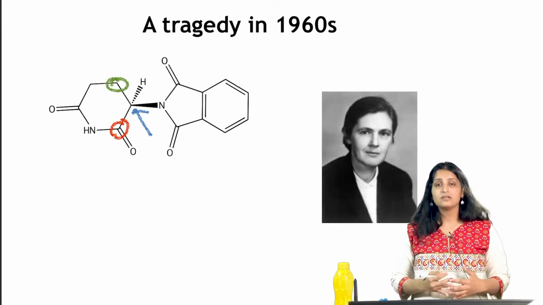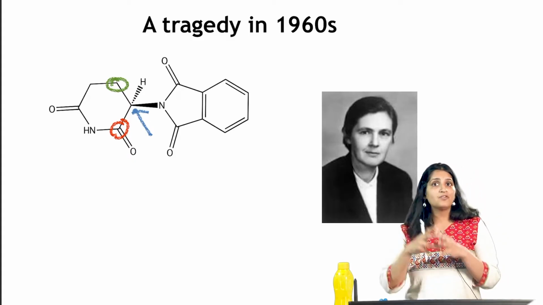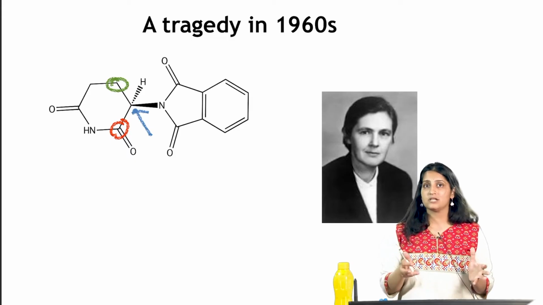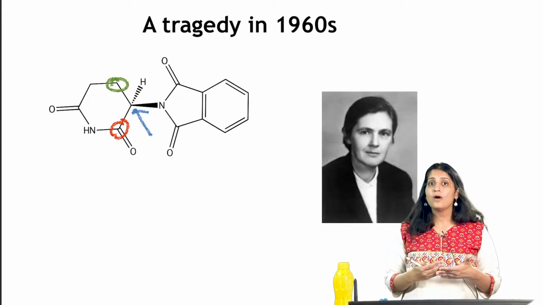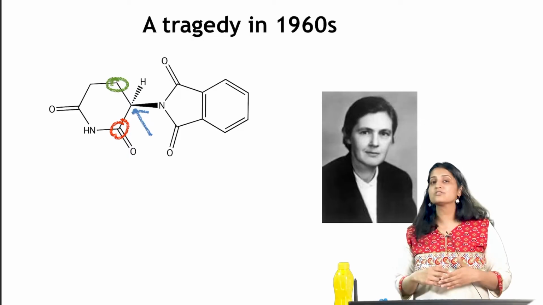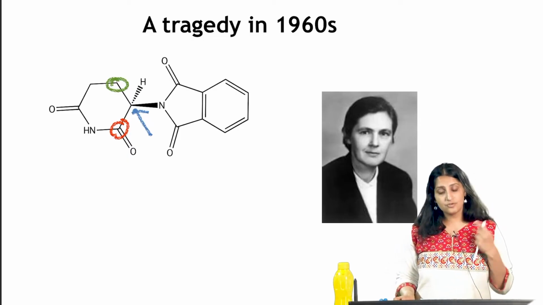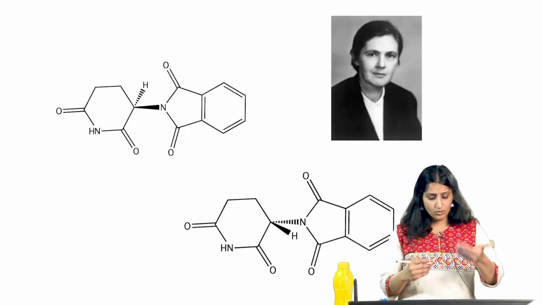So, you can imagine that this particular carbon forms these four bonds such that they can be arranged differently in three-dimensional space. In one case you have the nitrogen coming towards you, which is what we have drawn, or you can also draw it such that the nitrogen goes away from you.